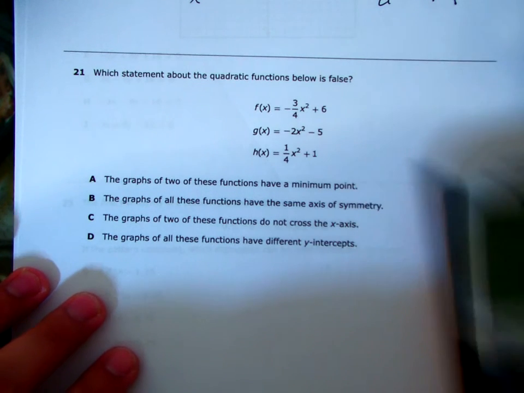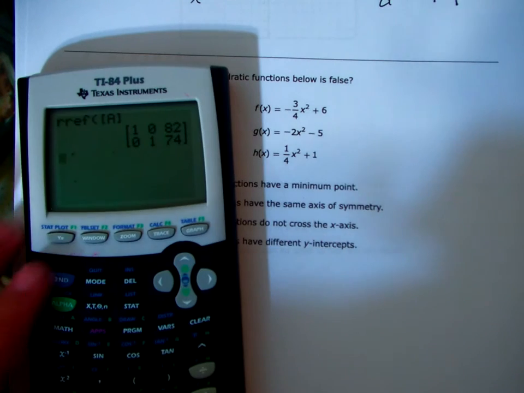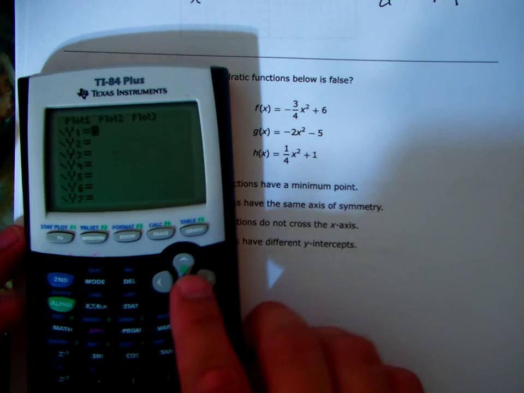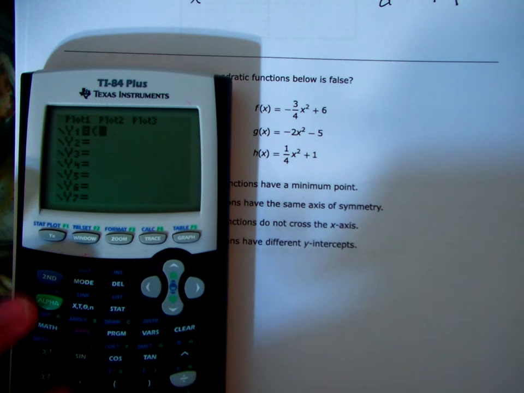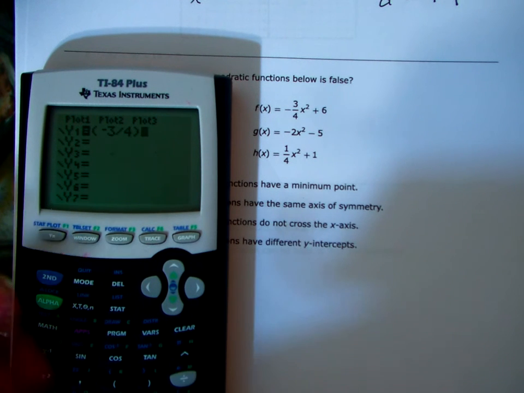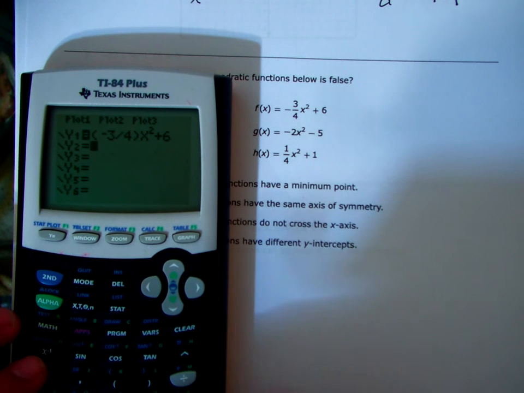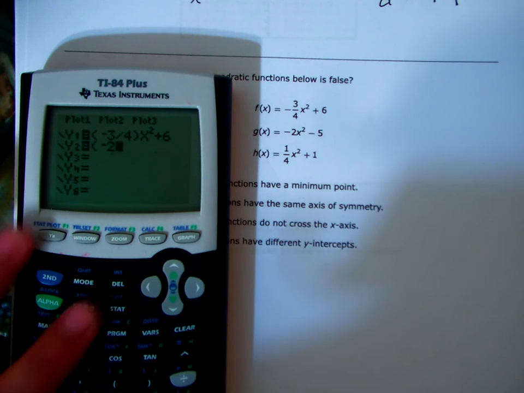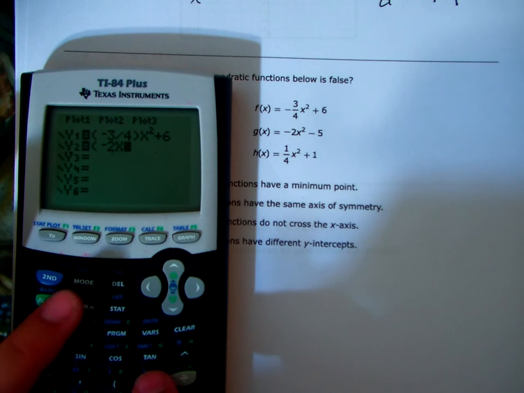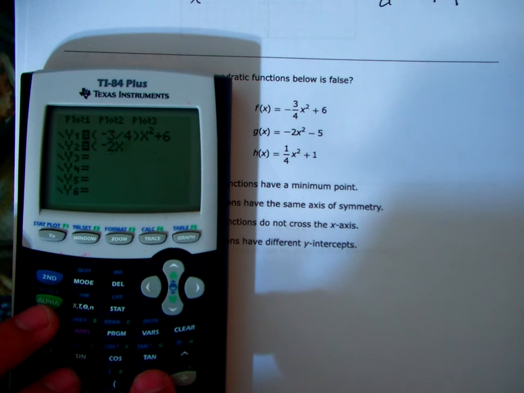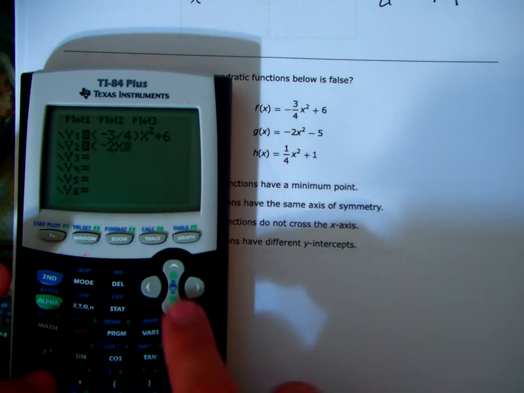So it wants you to compare those. Right? So y equals, let's see, open parentheses, negative 3 divided by 4, x squared plus 6, open parentheses, negative 2, x squared. We don't gotta put parentheses, no fractions.